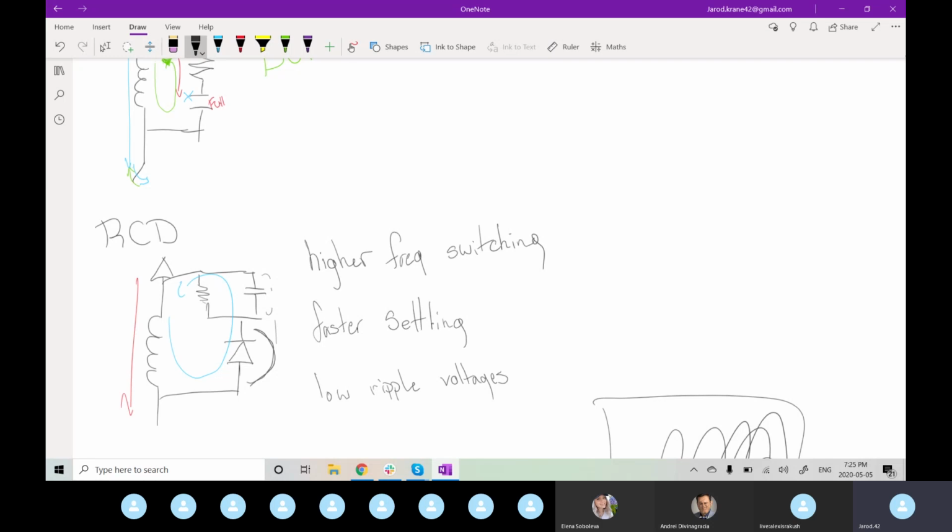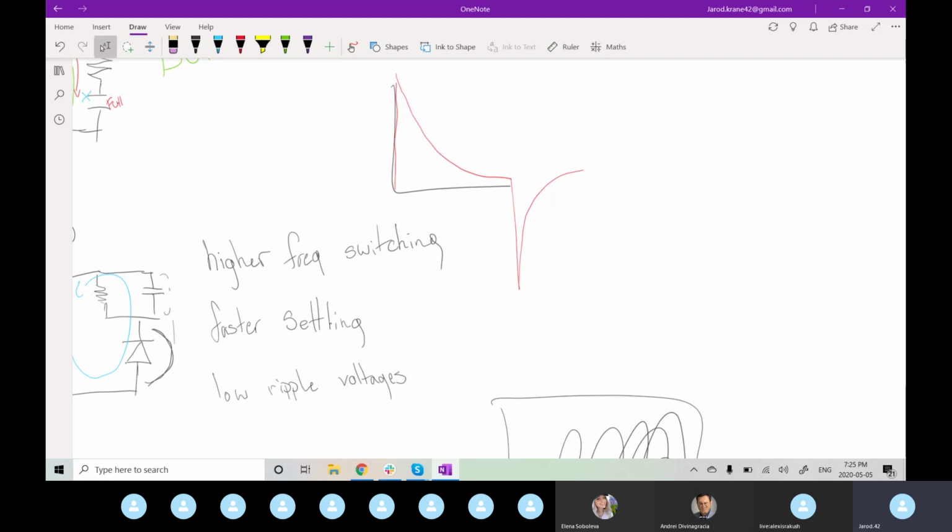Like we saw at the beginning with an inductor, as soon as you turn it on, you see a high voltage spike and then it dies down. The opposite is seen when you turn it from on to off: you'll see a high negative spike. If you're switching quickly, you'll see a lot of spikes.